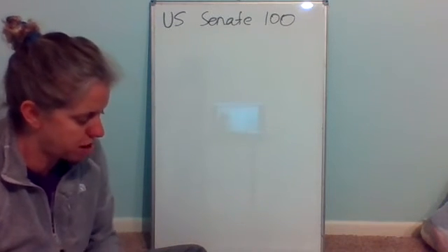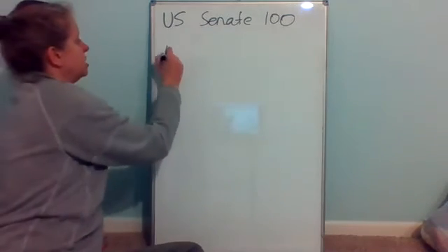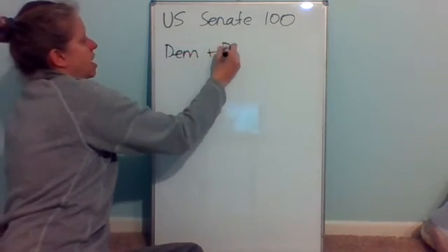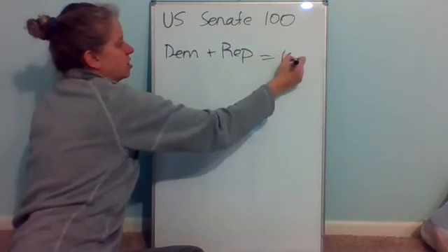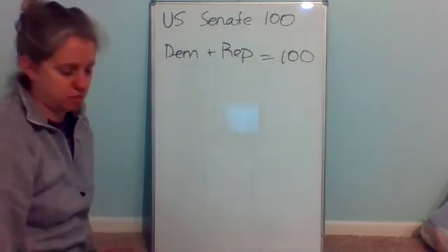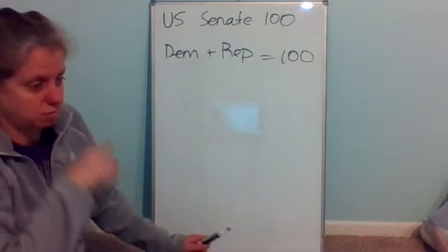How many members of each party were there in the Senate? So the Senate is made up of Democrats and Republicans. And when you add both parties together, you should equal 100 because there's 100 all together.